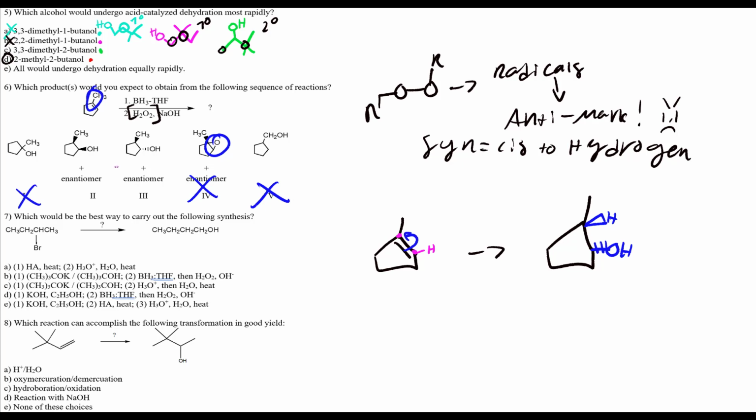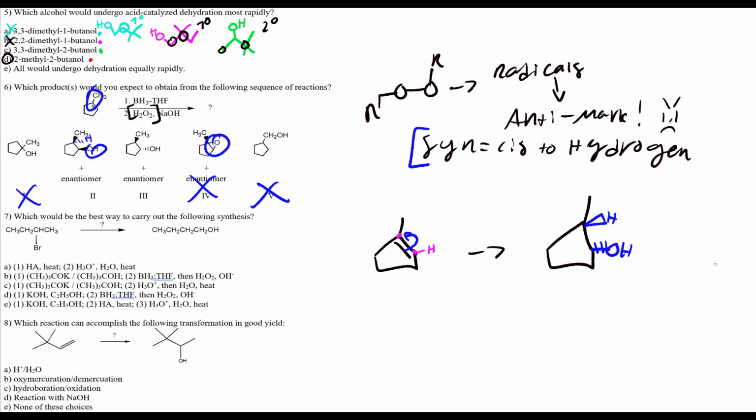But what about 2 and 3? Well, number 2 looks pretty good, but our implied hydrogen is really important. Our implied hydrogen is actually trans relative to the added alcohol. And in this reaction, we're looking for syn, right? So our alcohol should be on the same side as the added hydrogen.